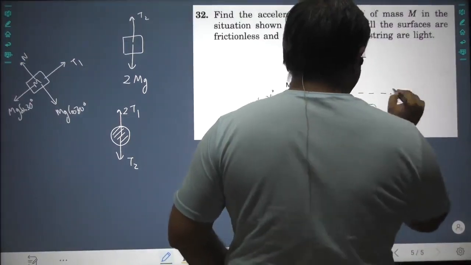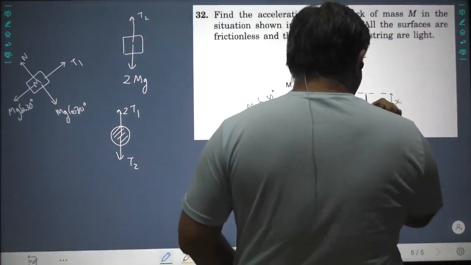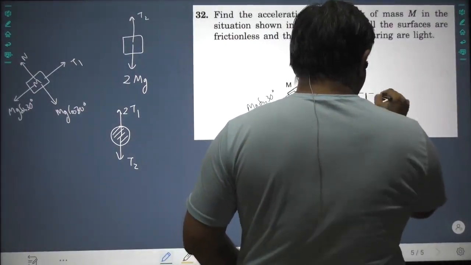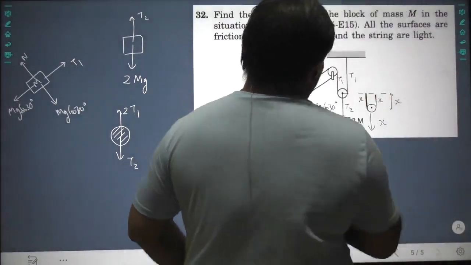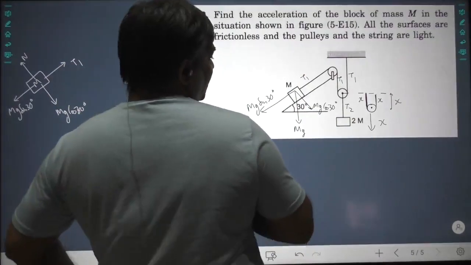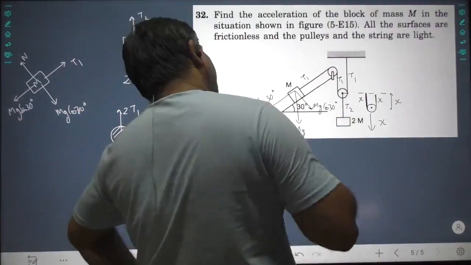So here also we need x length of string, here also we need x length of string. So in total we need 2x length of string.